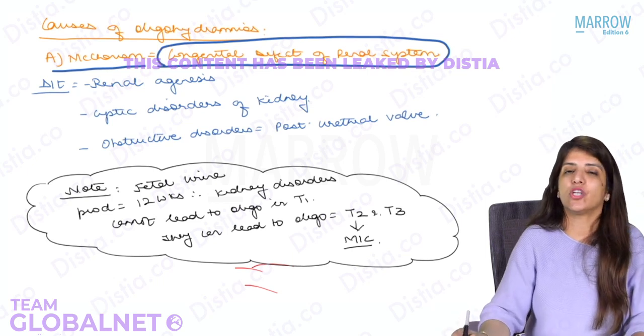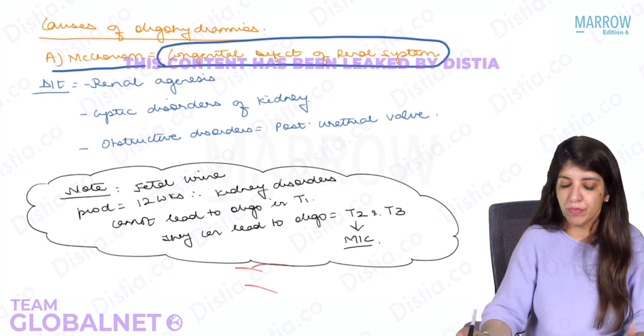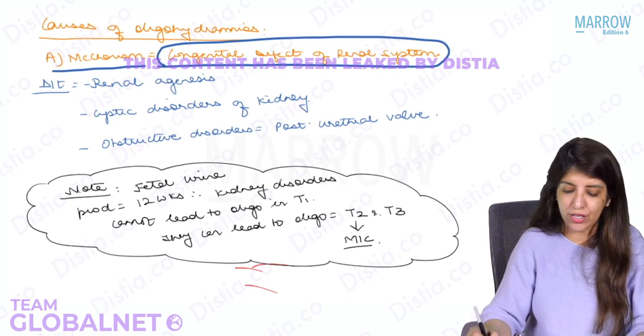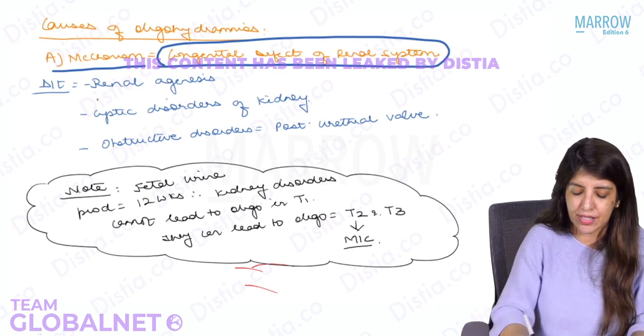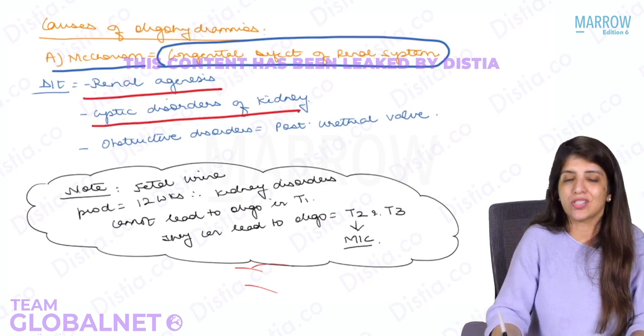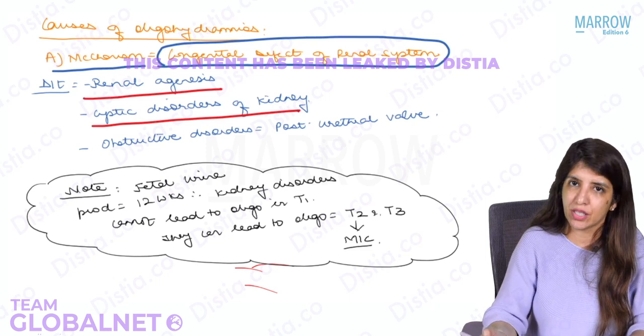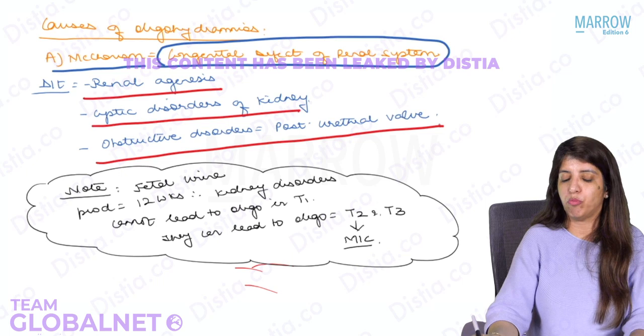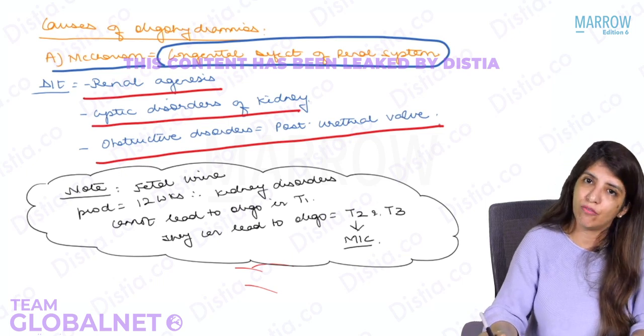So if there is a congenital defect in the renal system, that can lead to oliguria, and that is going to lead to oligohydramnios. And congenital defect, it could be due to renal agenesis, it could be due to cystic disorders of the kidney like polycystic kidneys, it could be due to obstructive disorders like posterior urethral valve.